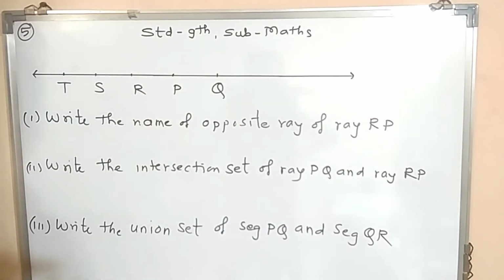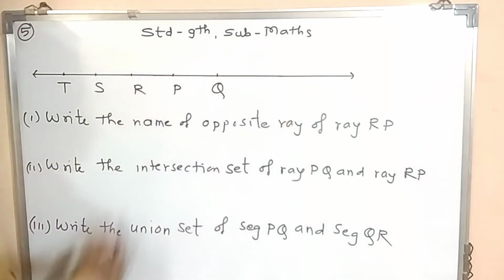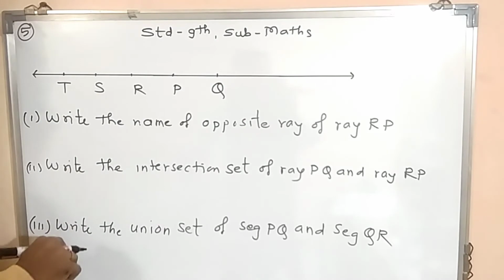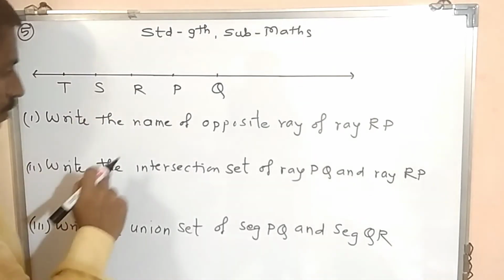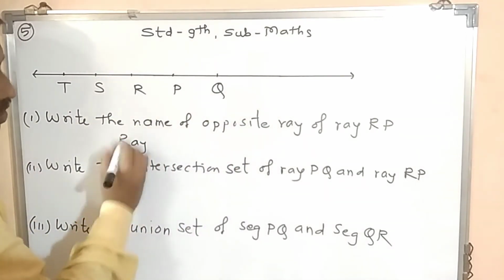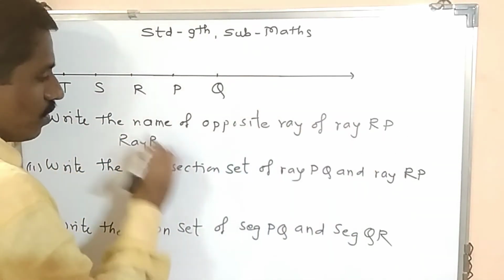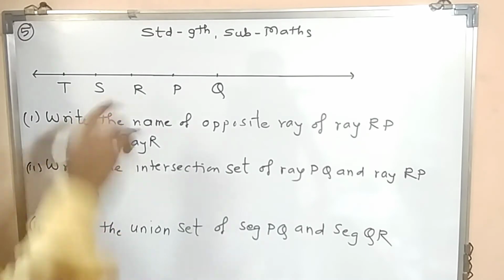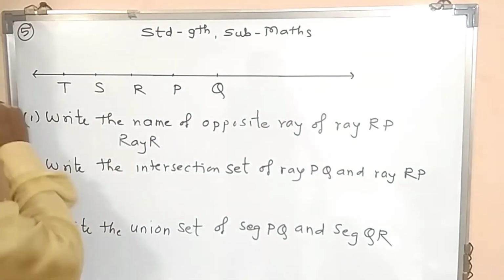See, where is the ray RP? This is ray RP. What is its opposite ray? What do you mean by opposite ray? They should have a common starting point. Since the starting point of RP is R, the starting point of its opposite ray should also be R, and it should have the opposite direction.